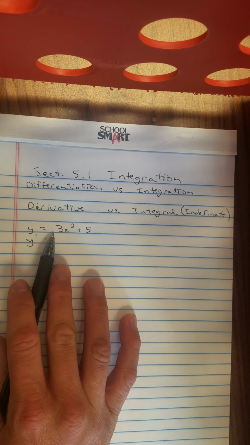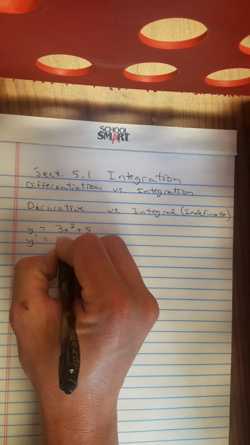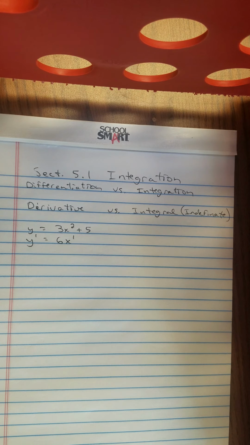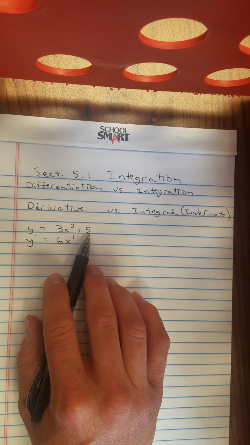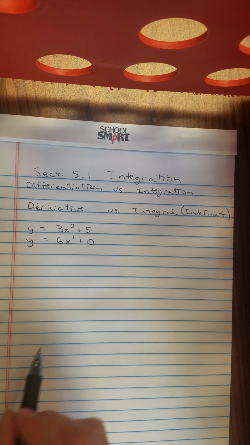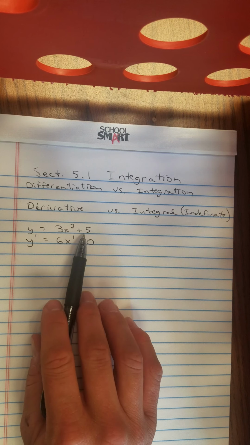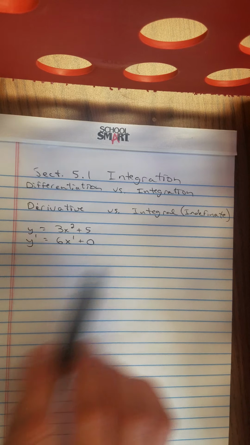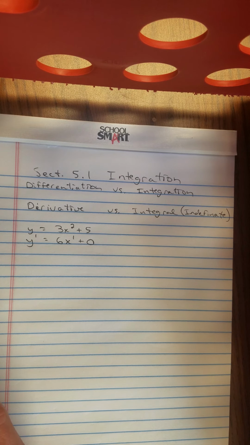You bring the exponent down, you multiply it by whatever's out front, so 2 times 3 is 6, and then we subtract 1 from the exponent, okay? And if something doesn't have a variable, it just becomes 0 because technically, to follow the rules, this would be 5x to the 0. 0 times 5 is 0. 0 wipes out anything. So this is the act of finding a derivative.